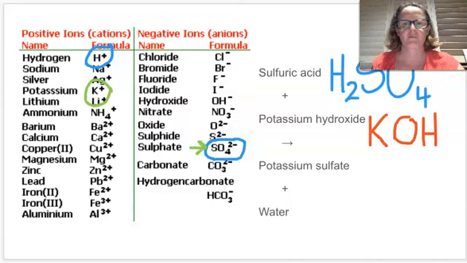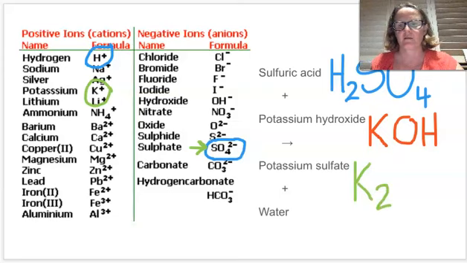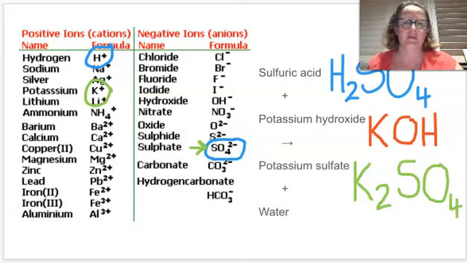We have the same problem that we had with the sulfuric acid, so we need to make 2 potassiums for every sulfate, so that we have 2 positive Ks to balance out the 2- that we get with the sulfates, and then water.